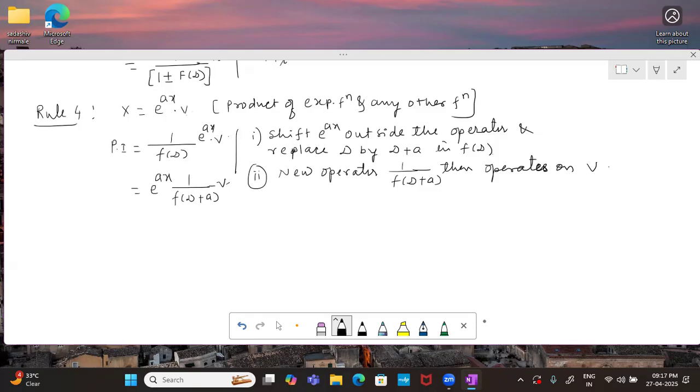Very simple. And finally, in the shortcut method, we'll see rule number 5.